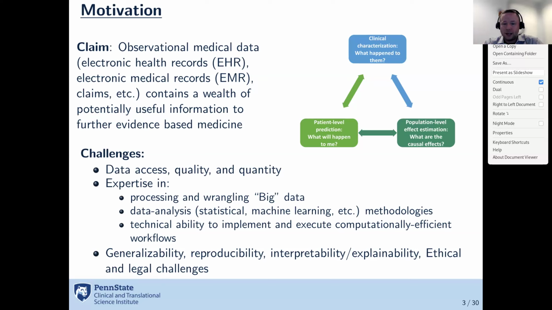Once you have access to the data, you need to be able to wrangle that down, harmonize it, and potentially integrate it with disparate other sources of data. Having that expertise in-house within your research group can be a challenge. Having methodological expertise, whether that's statistical or machine learning methods you want to apply, can be a challenge.